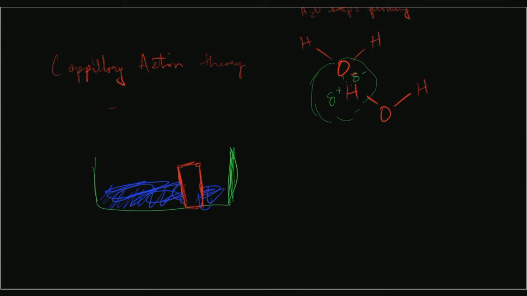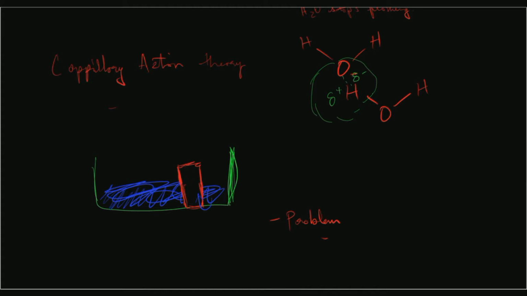And the thing with capillary action is that the thinner the tube is, the higher the water will go, because there is more place for the water to adhere to the sides of the tube. So here is the problem with this one.